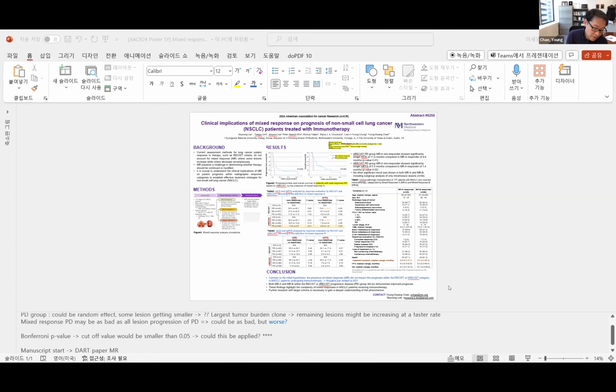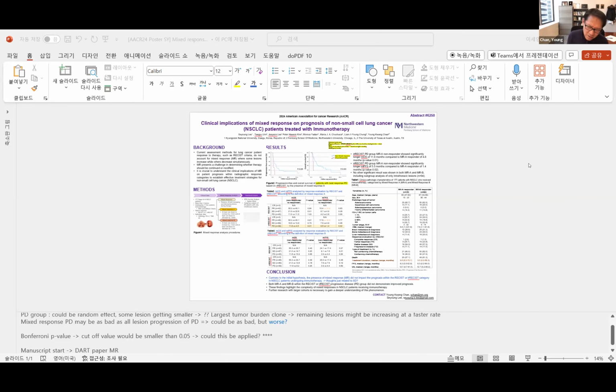Dr. Seungwon is with us for the next 3 months to write up the DART mixed response paper. So Liam, you know the project. Why don't you have Taeyong and Seungwon? You can tell them separately about the project and how to write up a paper on it.